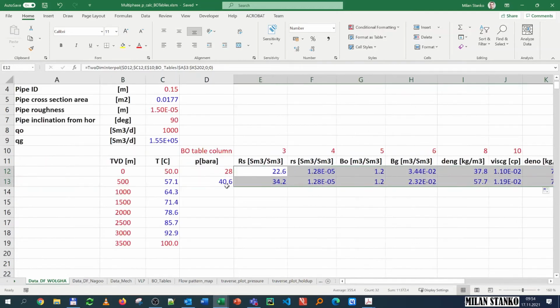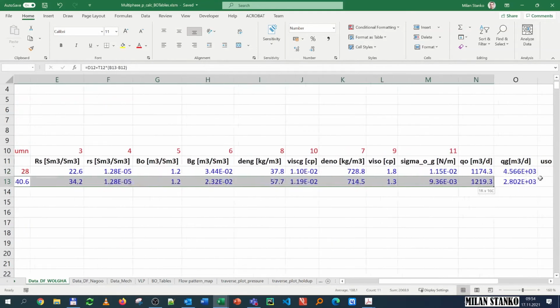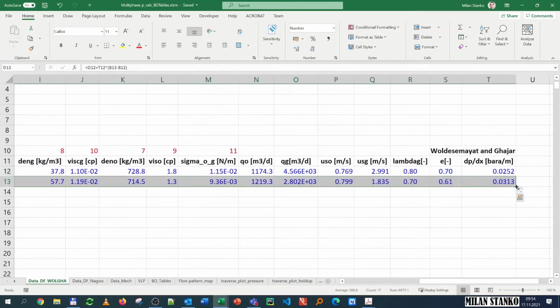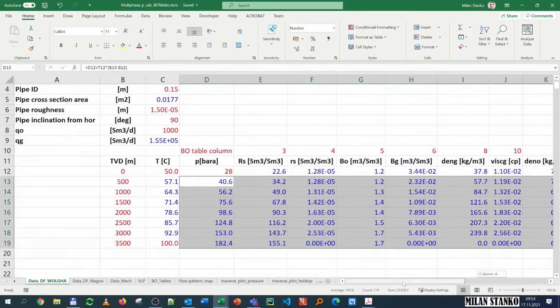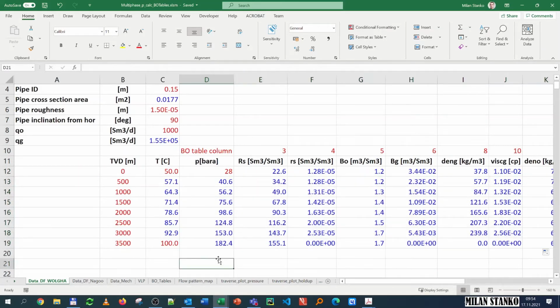Okay, so now we're going to select all of these. We can make our calculation simultaneously, and we just click down, and that's what we calculate. And you see here, that's the flowing bottom hole pressure, 182. At this condition, some properties of the gas disappear.